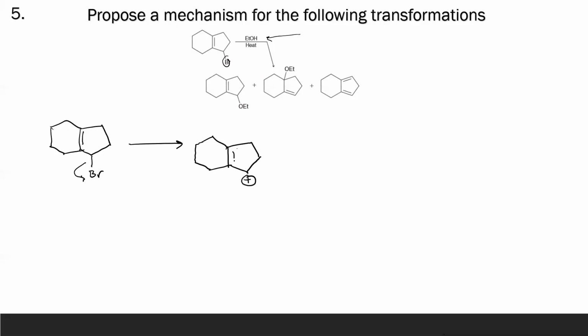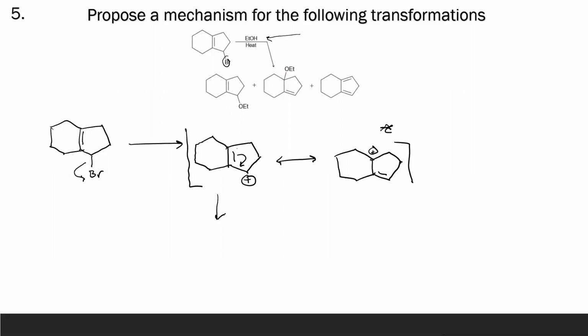So what happens is you can draw your resonance structures. If you look here, out of the two resonance structures, the major contributor is actually going to be this guy here. The reason why is because now you have the carbocation on a tertiary carbon versus a secondary carbon. So that'll be important when we're looking at the elimination product.